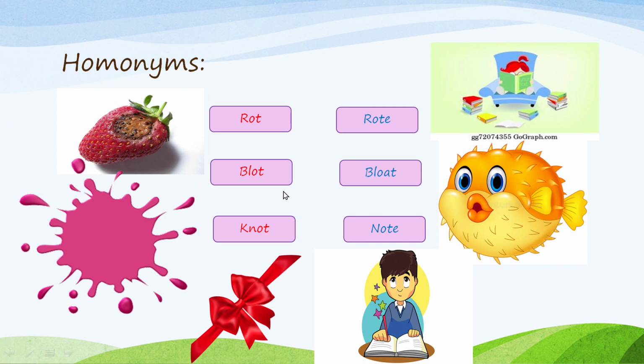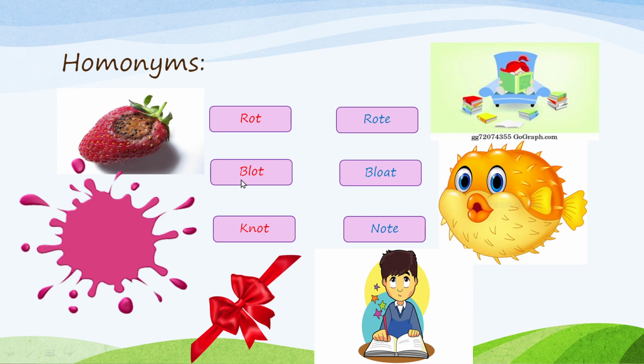Rot means decay by the action of bacteria and fungi. You can pronounce FUNGI as "fun-guy" or "fun-jai". Next is rote. As you can see here, the child is sitting and cramming things. Rote means mechanical or habitual repetition of something to be learned.